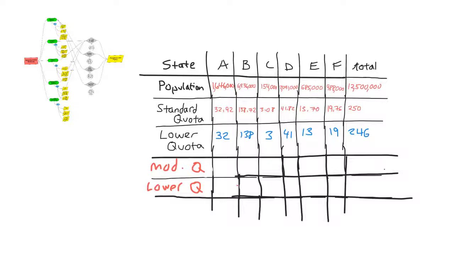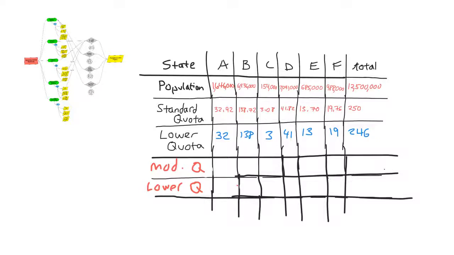What Jefferson's method says is that a better approach would be to find a different standard divisor that would result in larger standard quotas, larger numbers here. Then you would overshoot 250, and you would round those larger numbers down to their lower quota in such a way that would result in 250 seats.